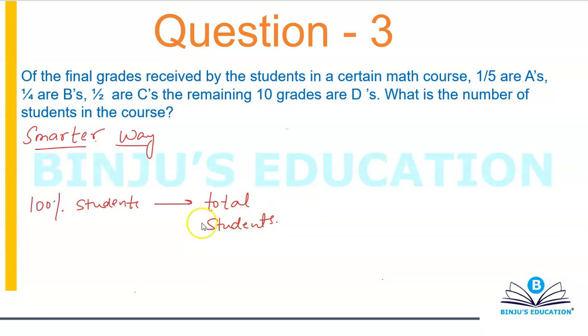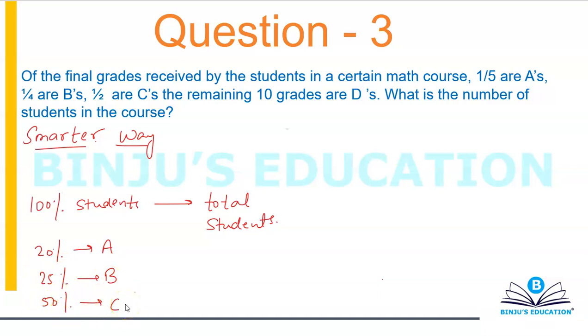Now 1/5 are A's, that means 20% are A's. 1/5 of 100 is 20%. 1/4 are B's, so 25% are B's. Half are C's, so 50% are C's.